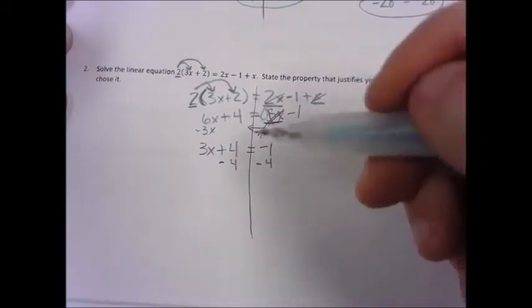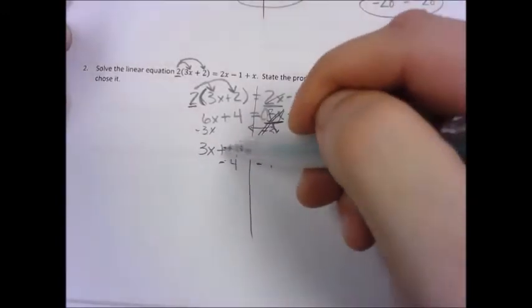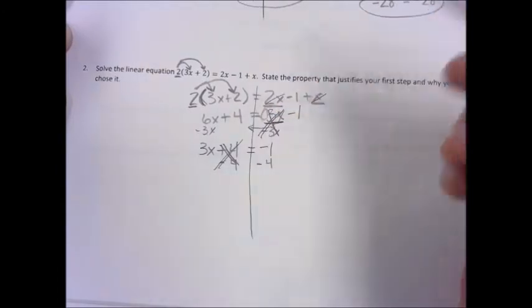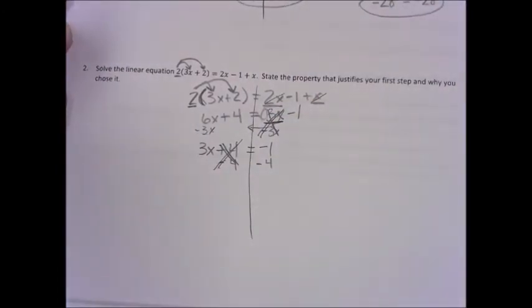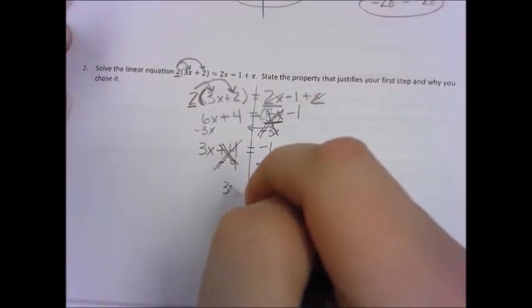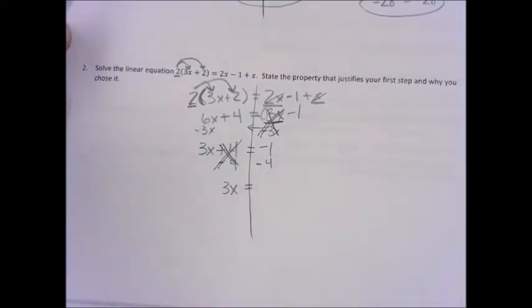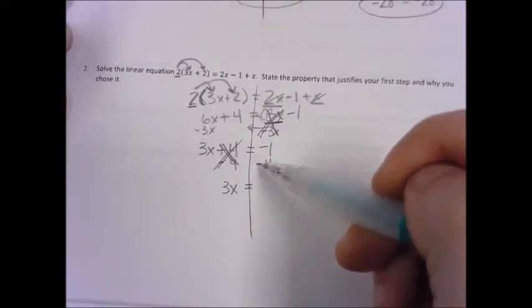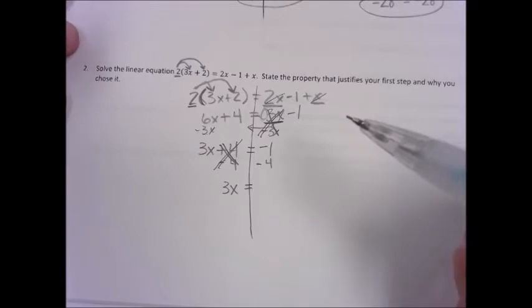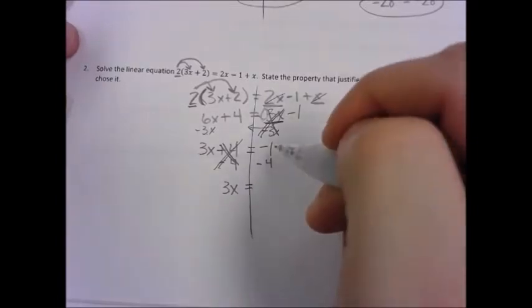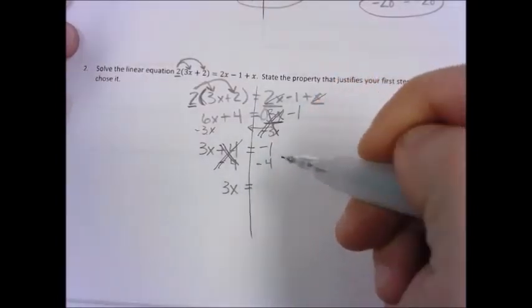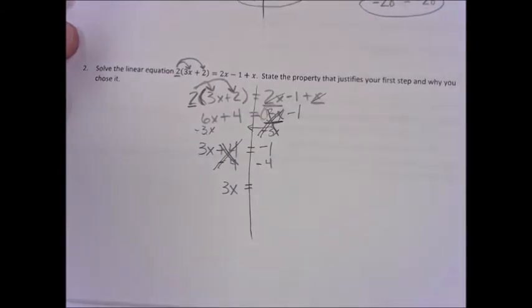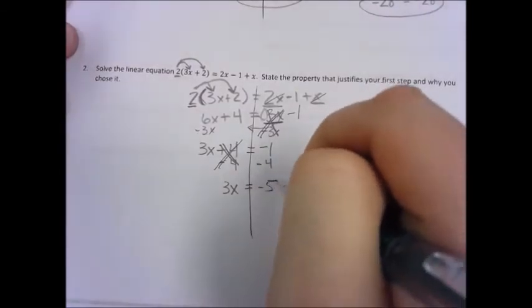And whenever I do that, plus 4 minus 4 equals 0. So that goes away. What I'm left with on the left side of the equation is a 3x, and that equals -1 minus 4. So if I have -1 minus a 4, that means I'm getting farther away from 0, and I have a -5.